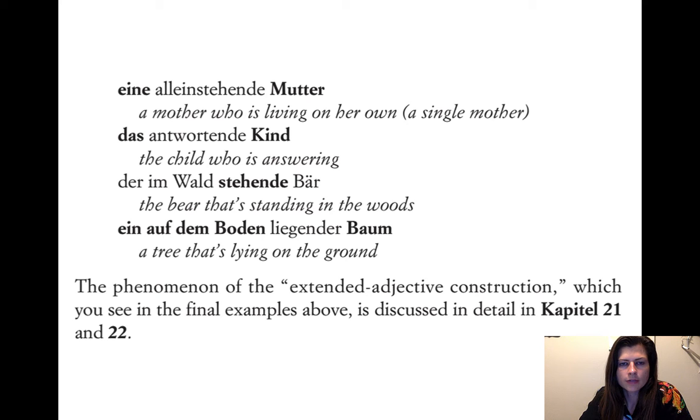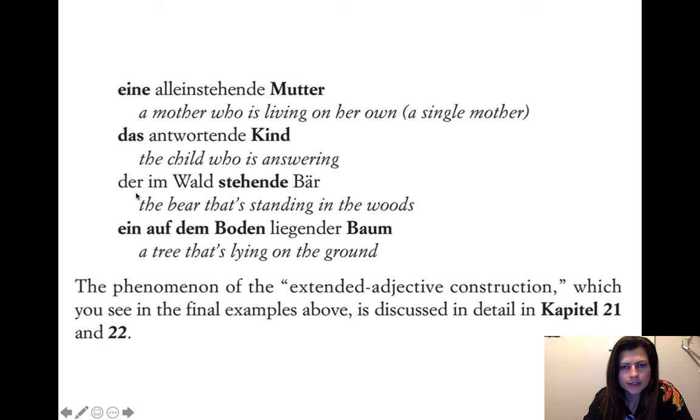So if it sounds at all clunky, then just turn it into a relative clause. So a relative clause is who or that plus a whole other sentence. We'll do more relative clauses later in German, but to recognize them in English, it's just who, that, or sometimes which, and then whatever, it could be any number of things, verbs and objects, like a whole other sentence comes after.